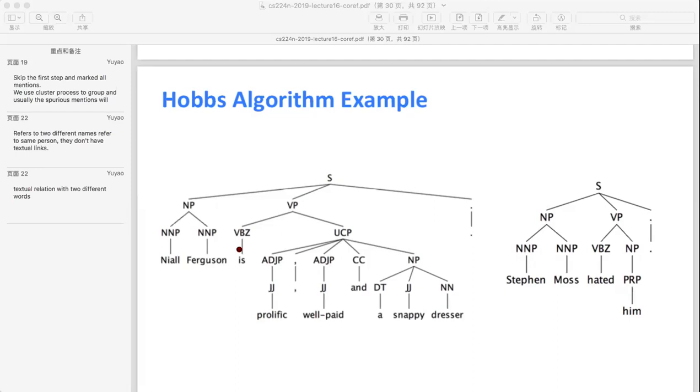We repeat the steps: identify the nouns, identify the verbs, identify some other nouns, and then go to the first noun of this sentence. And then we find, oh, there's a Neil Ferguson in this sentence. This one is our candidate antecedent. Then we repeat all those steps and find all the candidate antecedents of this word, "him."